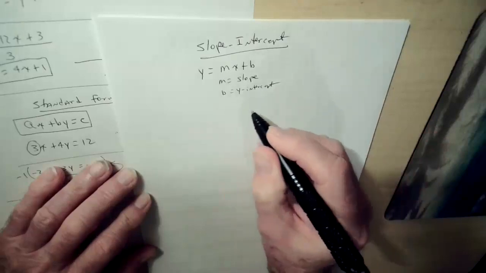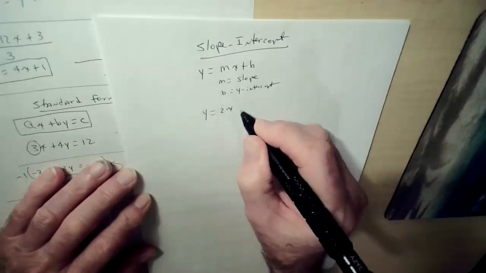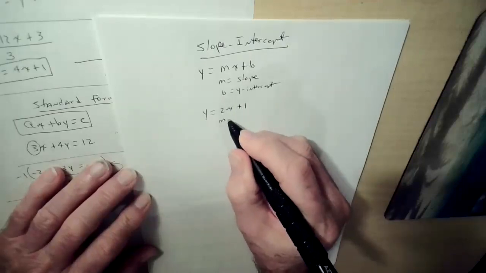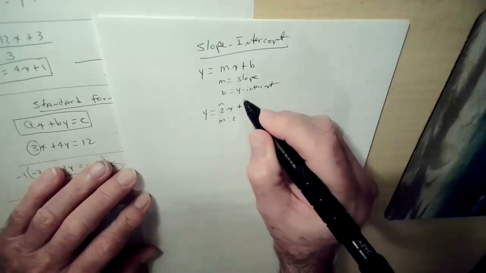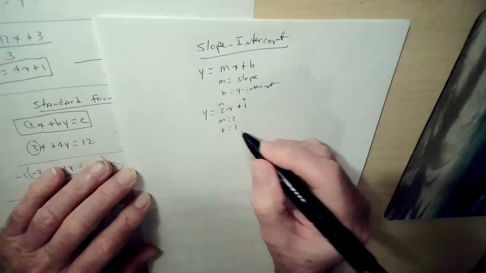So if we have y = 2x + 1, our slope here is 2, okay? This is the m, this one's the b.